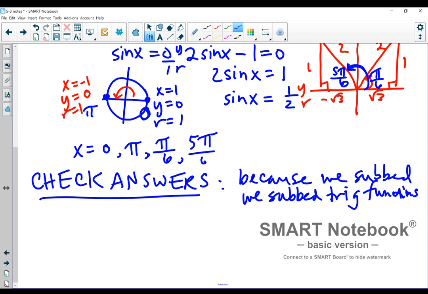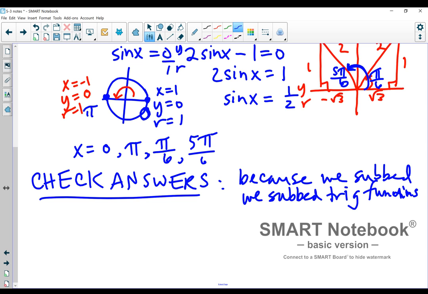We have to check it back in the very original problem. So as you can imagine, now we've got 4 answers to check. It's going to be pretty time consuming. Sometimes they all work, sometimes half of them work. You just can't be sure. We're just going to have to check.